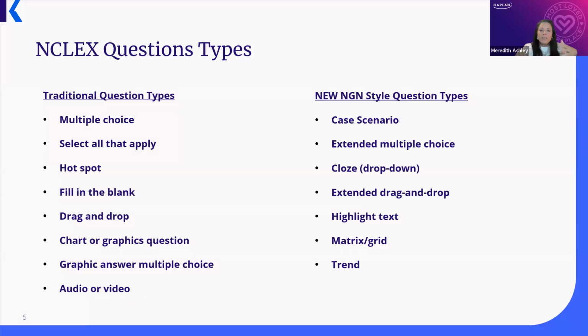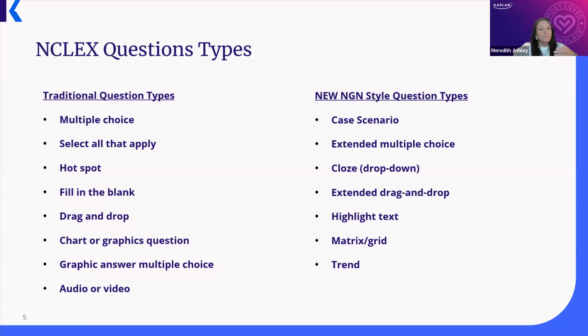So students have begun to see that they're getting partial credit with NGN style questions, and that has rejuvenated that part of the test. I know that some of our tests have partial credit. Some of the questions are partially scored, and students will see that on their exam analysis. The cloze or drop down just gives them multiple choice options in a drop down menu to fill in the blank.